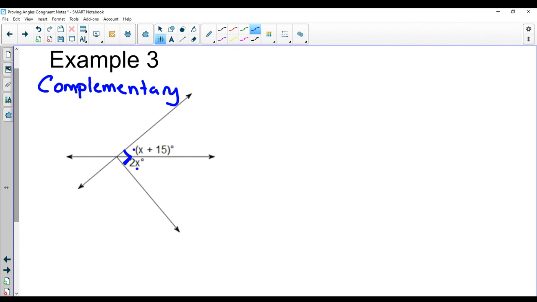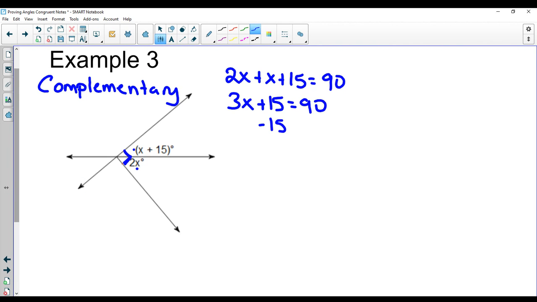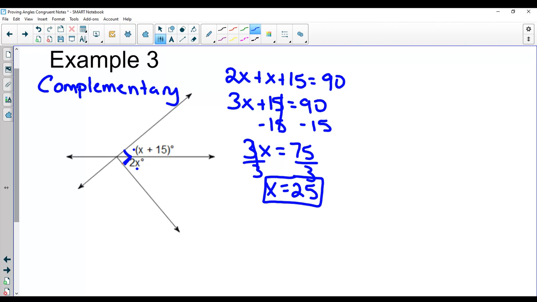All we do is take 2x plus x plus 15, set it equal to 90. Combine like terms. And now we're going to subtract the 15. That gives me 75. Divide 3. X is 25.